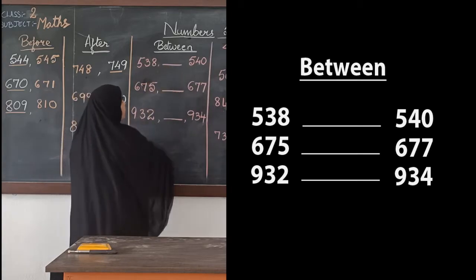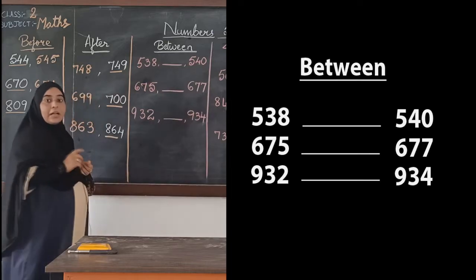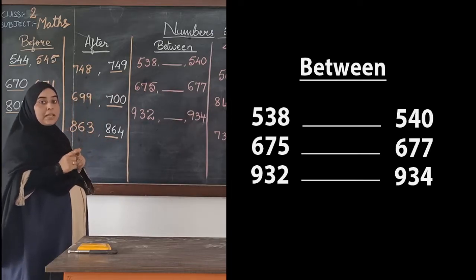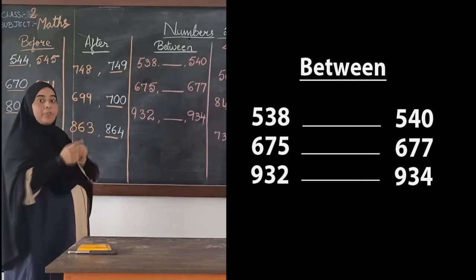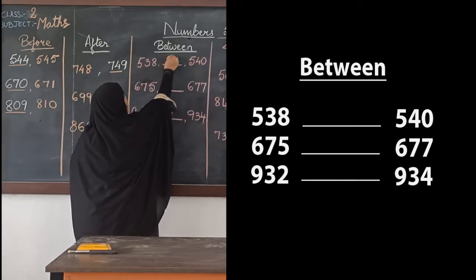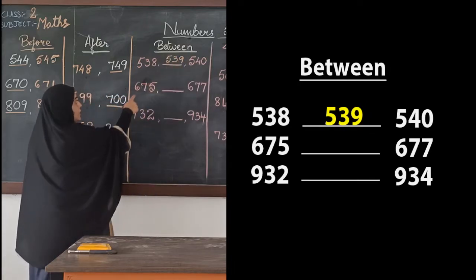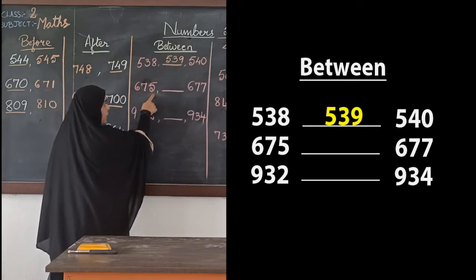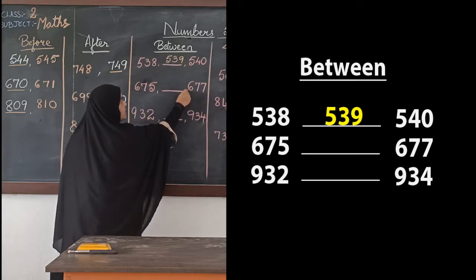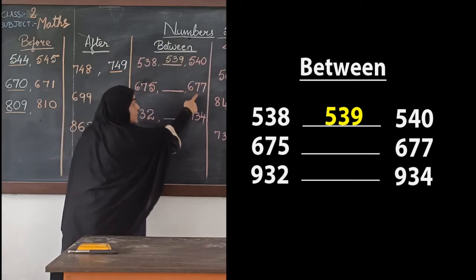538, then there is a blank, and then I have 540. So what will come between these two numbers? 38 and 40. What will come? 39. So 539. Next, 675, and here I have 677. 75 and 77.